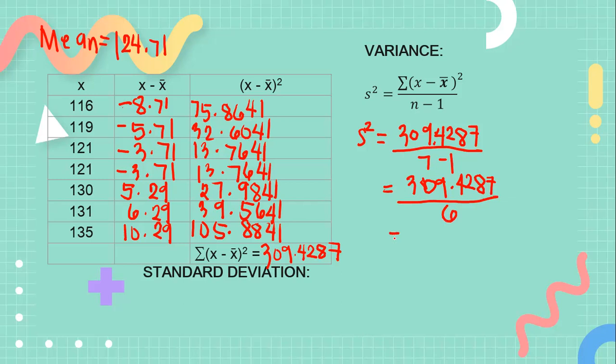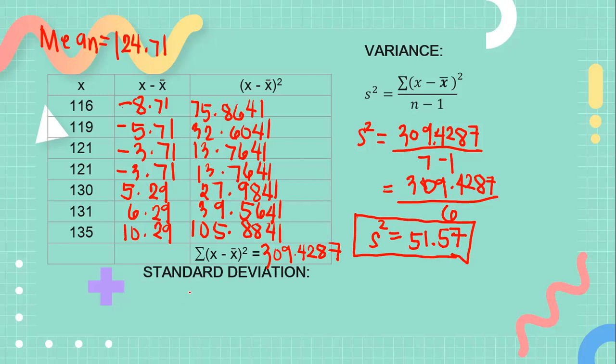What is the answer? Very good. It's 51.57. So our variance is 51.57.